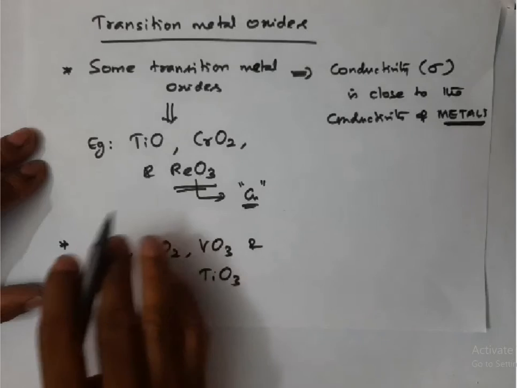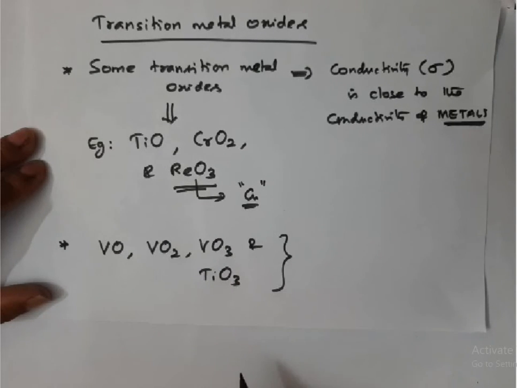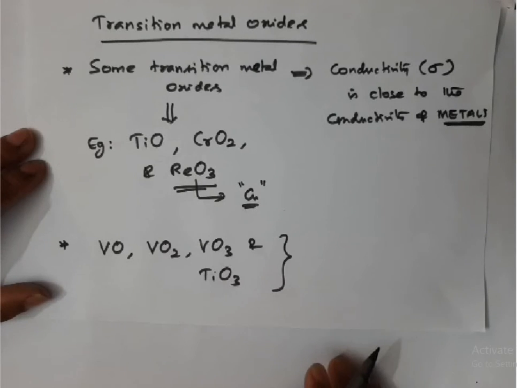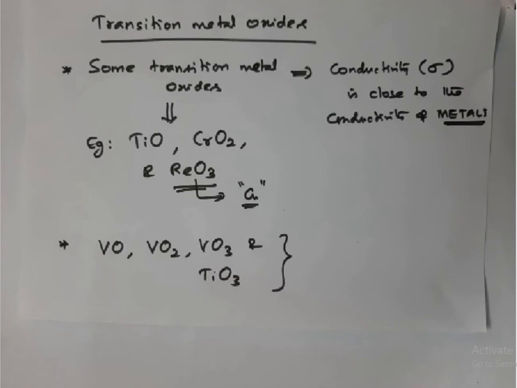These metal oxides show metallic as well as insulating properties. You can use them as insulators. You can insulate metals, or you can insulate the material using these oxides.